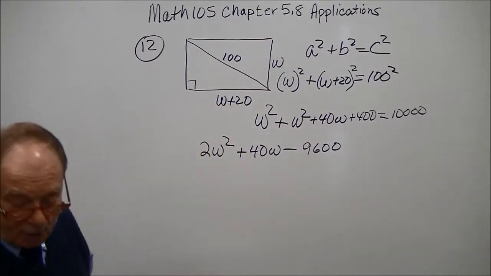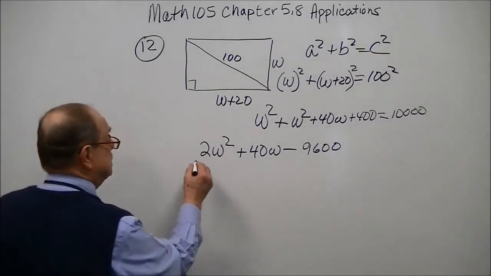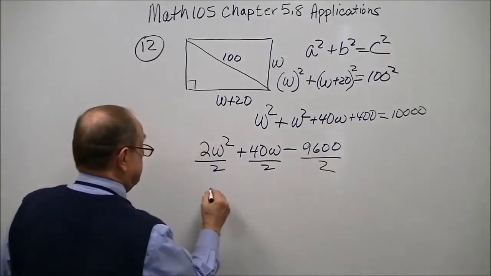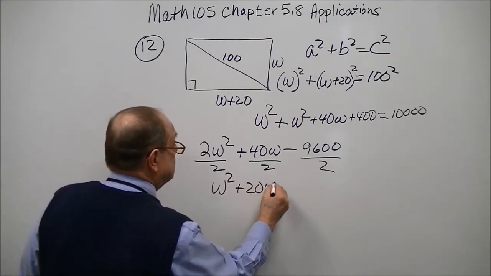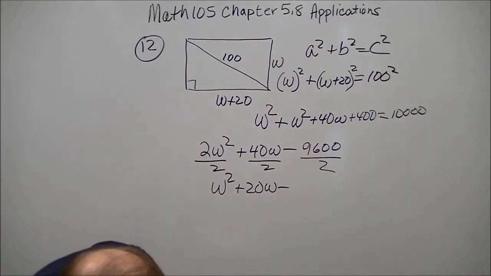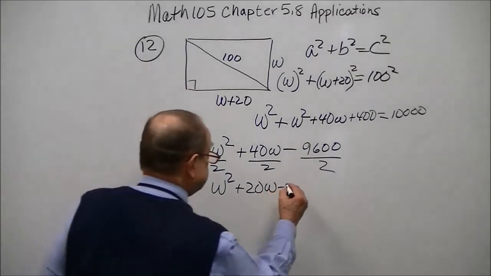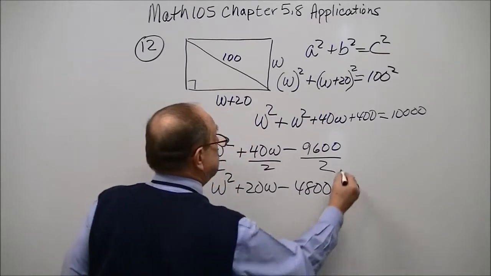And then to make it smaller, we want to divide everything by 2. So this will give us a W squared plus 20W minus half of that is, did I write it down somewhere? Yes, 4,800. And all of that equals 0.